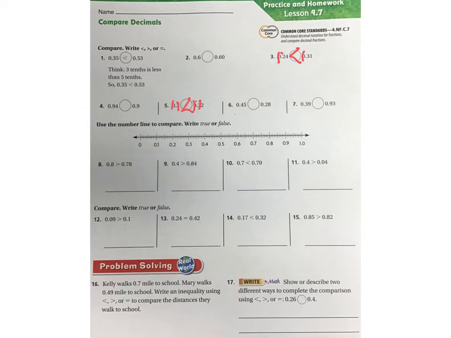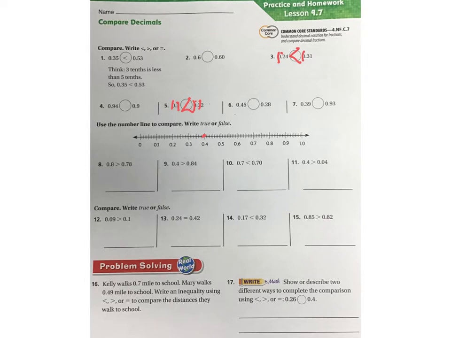Okay, the next row, it says use the number line to compare. Write true or false. All right, so let's look at number 9. Okay, so we have 0 and 4 tenths, which is right here, right? So we're going to use the number line to help, just like it said in the directions.